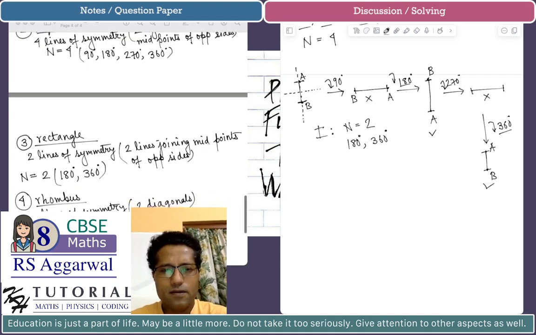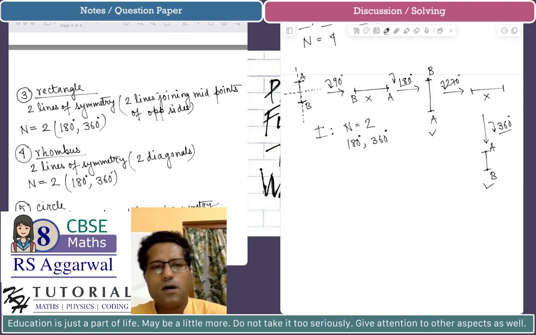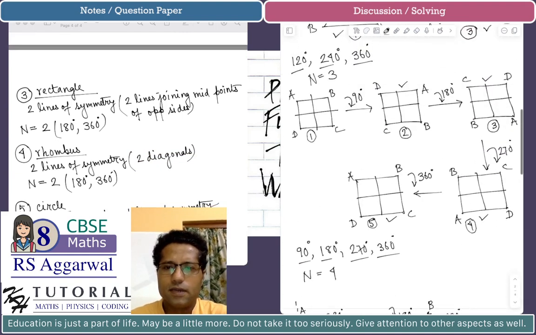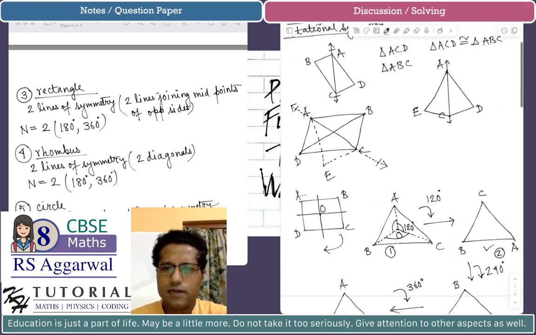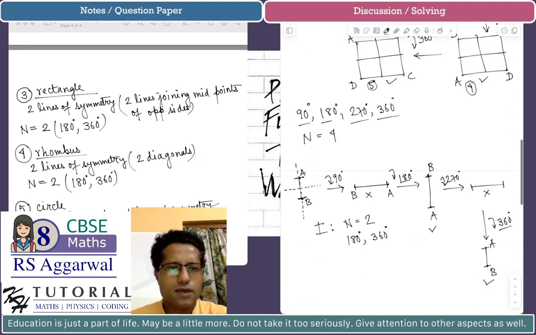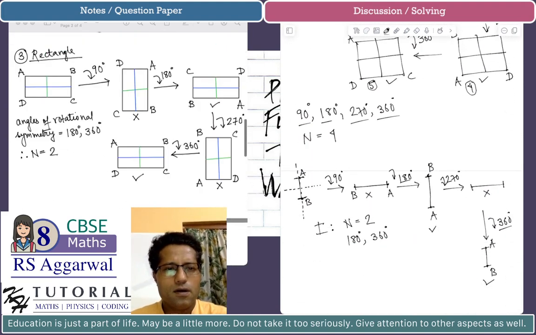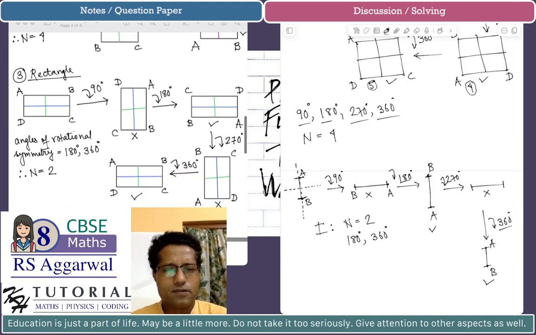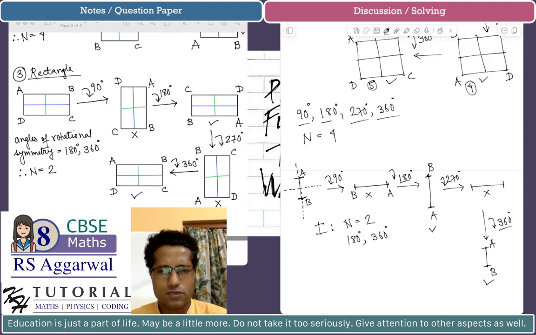For a rectangle, I think I have discussed rectangle. Yes, in the notes, as you can see, we have seen that the rectangle also has two angles of rotational symmetry. They are 180 degree and 360 degree.